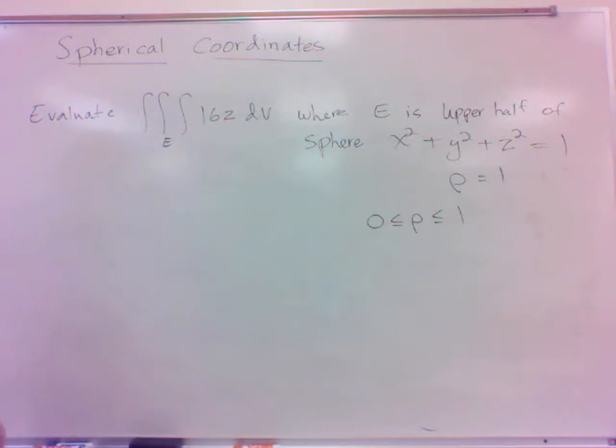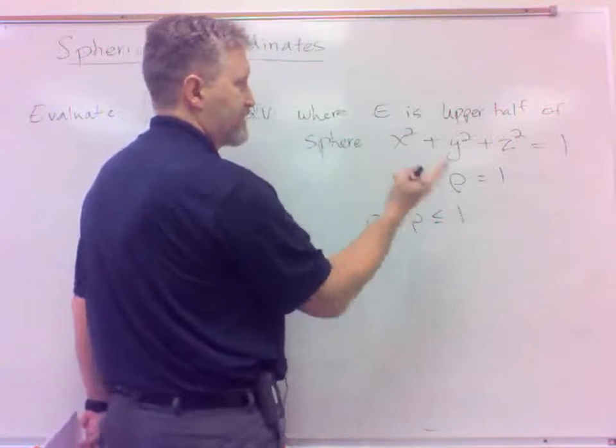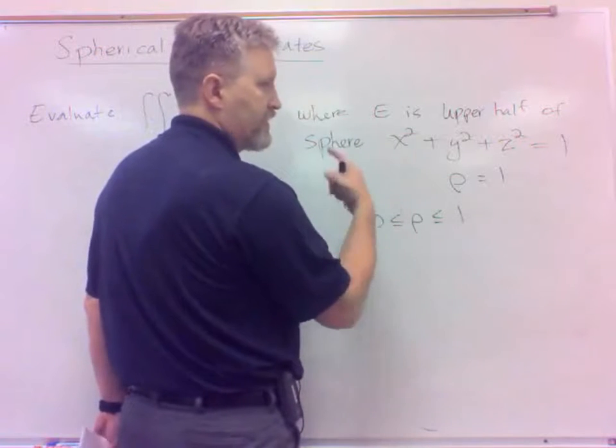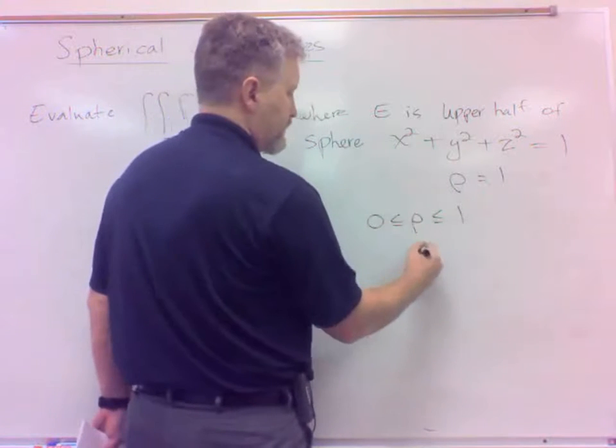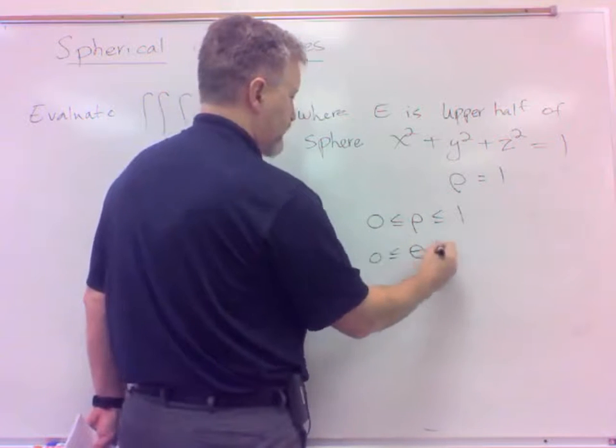So rho will go from 0 out to 1. If you think about it in the xy plane, we're talking about the top half of the sphere, and theta is going to go all the way around. Theta goes from 0 to 2 pi.